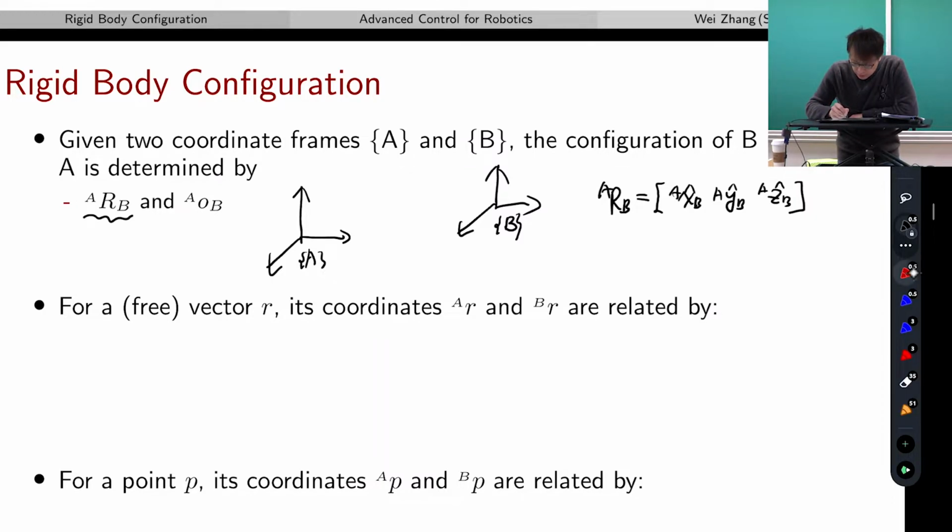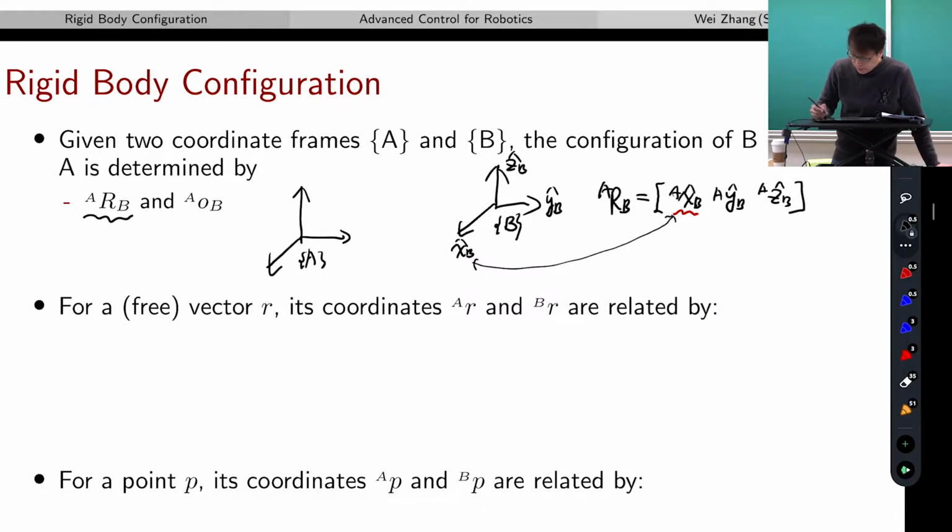This may be X_B hat, Y_B hat, and Z_B hat. Is this X_BA the same as X_B hat here? It is the coordinate of this vector in frame A. It has a few numbers, but you're trying to represent this vector in frame A. That will be its coordinate.